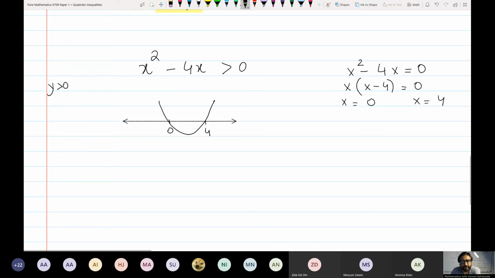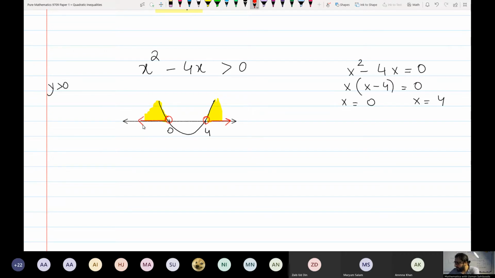When is y greater than 0? Above the x-axis is where y is greater than 0. Which part is that? This part and this part based on the parabola. What are the answers? The answers are to the right of 4 and to the left of 0.